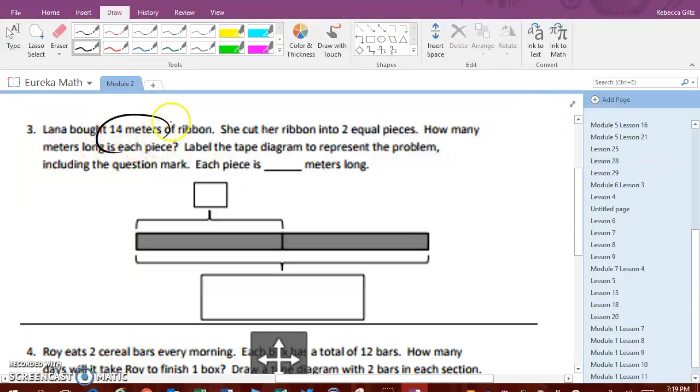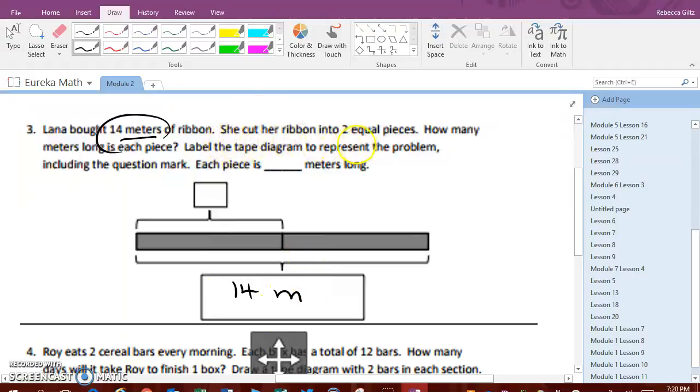Yeah, right here. Okay, so we're going to label that down here 14 meters. Whenever we're using length or width, height, anything that has a unit of measure like meters, we need to include that. And so the abbreviation for meters is M. Okay, so here's our total.